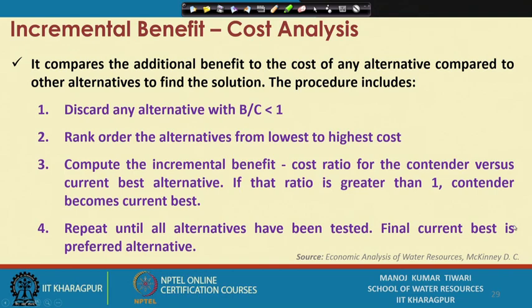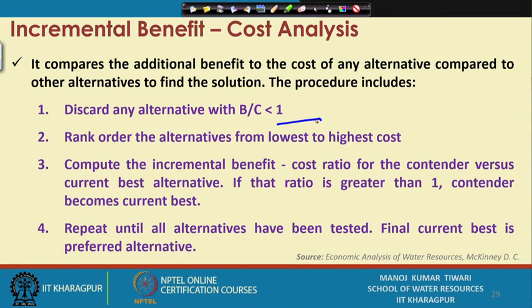Now, when we compare the additional benefits to the cost of any alternative compared to other alternatives, to find a solution, we need to follow a certain procedure. The procedure has various steps. The first one is to discard any alternative which has a benefit cost ratio less than 1.